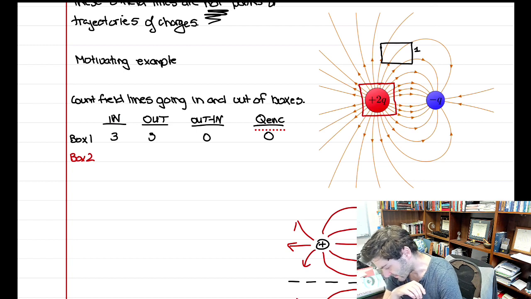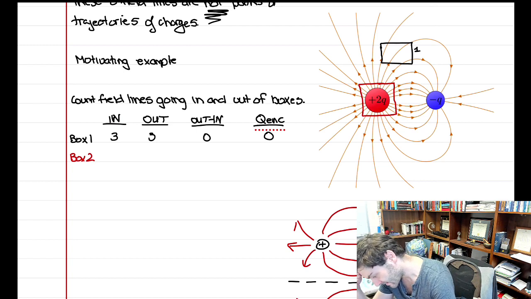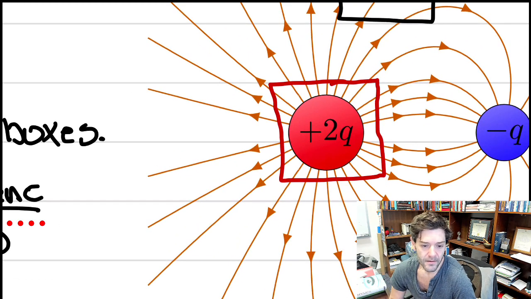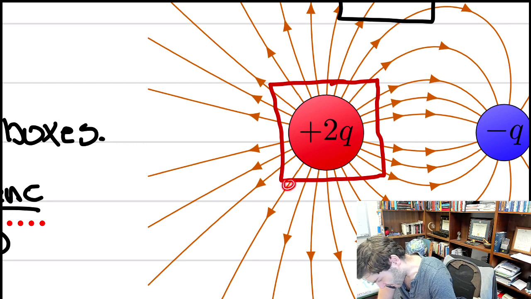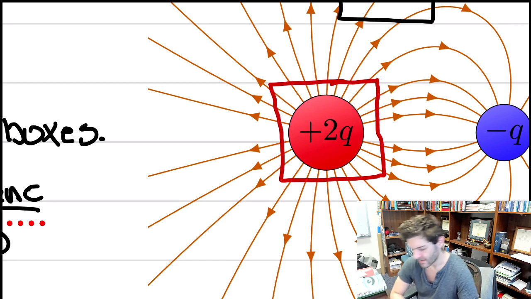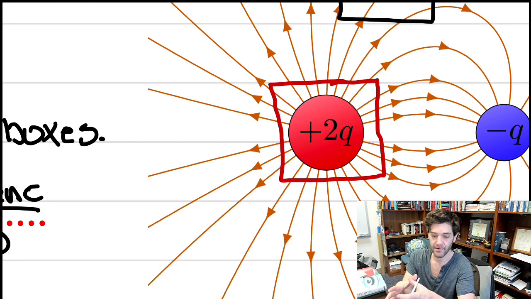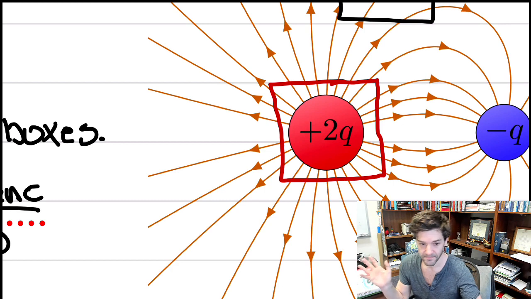Now if I start counting field lines, maybe I'll zoom in, it looks like there's 1, 2, 3, and so on, up to 26. 26 field lines that are going out of the box.